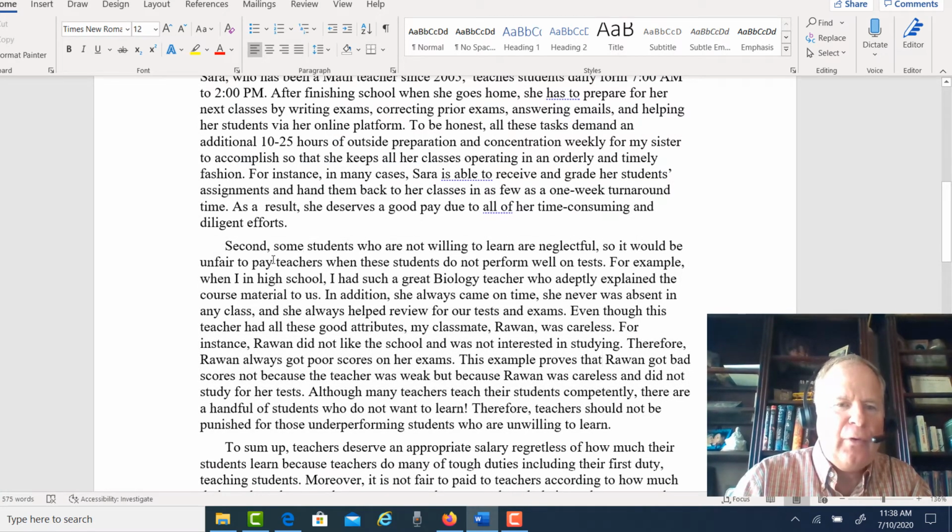Okay, let's look at it one more time. So we have second, some students who are not willing to learn are neglectful, so it would be unfair to pay teachers when these students do not perform well on tests.